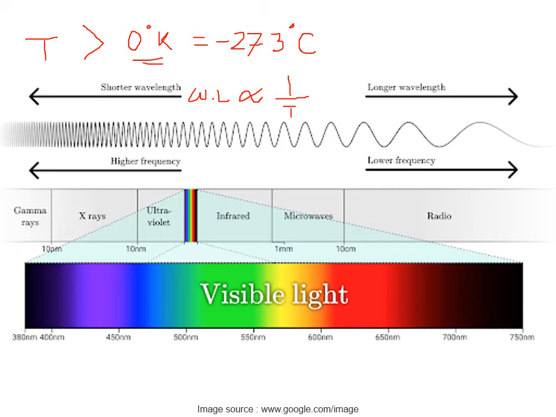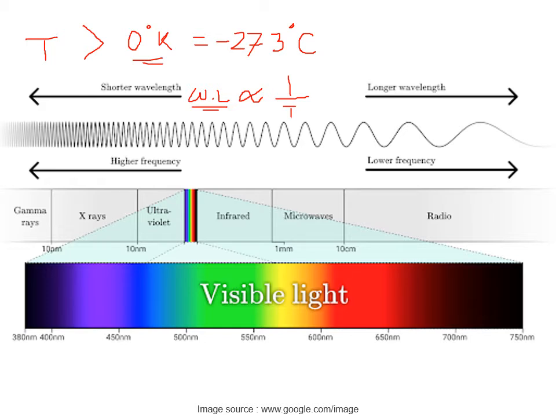Now if we compare the radiation energy of sun and earth, as the sun has a higher temperature compared to earth, it will emit mostly radiation energy having lower wavelength. In contrast, earth, which has a lower temperature, will emit radiation energy having longer wavelength and low frequencies.